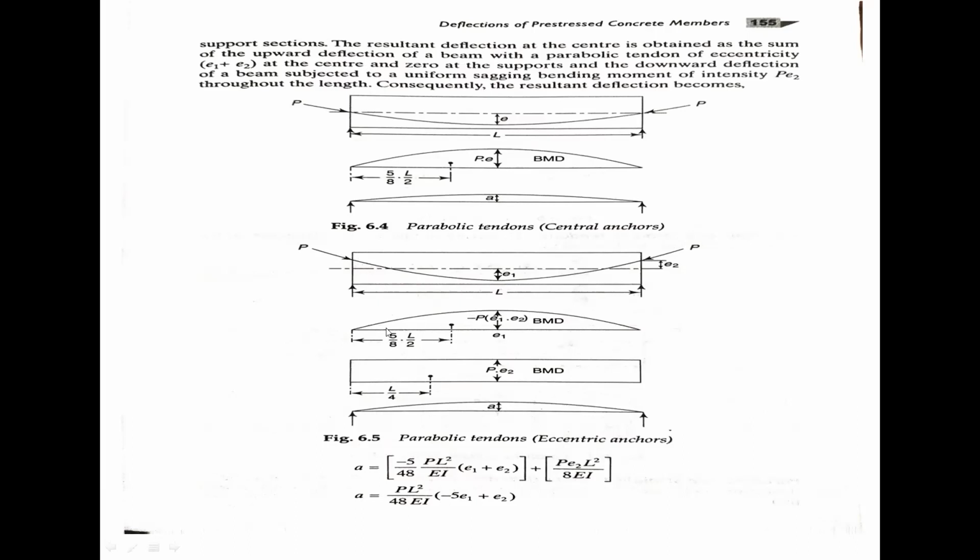Now see the bending moment diagram for this profile. Finally we get the length 5 by 8 of L by 2 minus P e1, e2. This is the second bending moment diagram, for eccentricity e2.